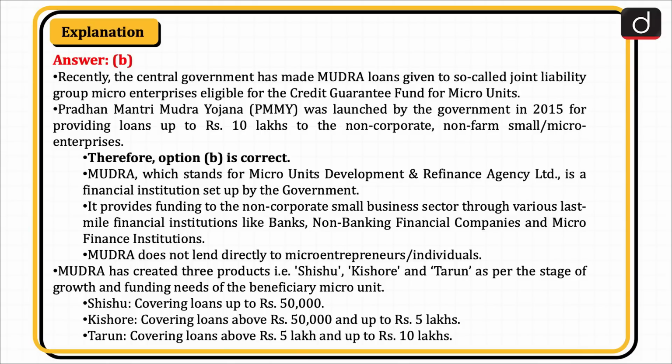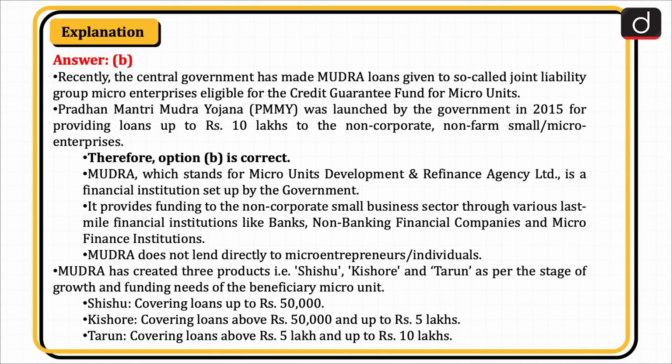Mudra, which stands for Micro Units Development and Refinance Agency Limited, is a financial institution set up by the government. It provides funding to the non-corporate small business sector through various last-mile financial institutions like banks, non-banking financial companies, and microfinance institutions. Mudra does not lend directly to micro entrepreneurs or individuals.